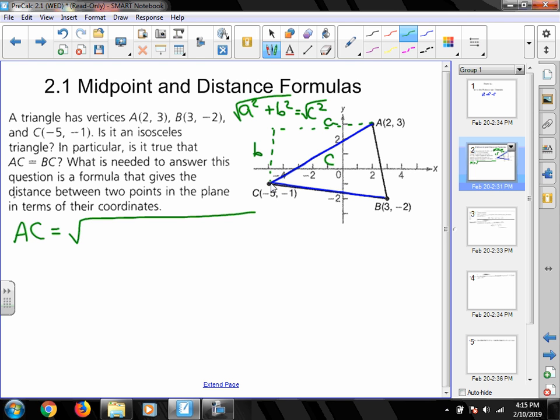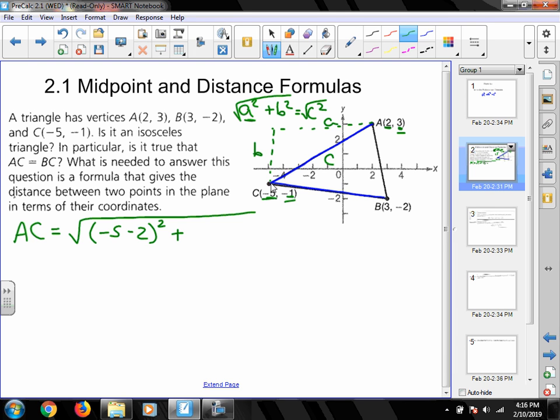To figure out how long A is, all I have to do is look at my x values and subtract them. I can go -5 minus 2 and square it, because we're still working with a squared. Plus my side B. Now, I'm seeing how far up and down I've gone, so I just subtract my y values.